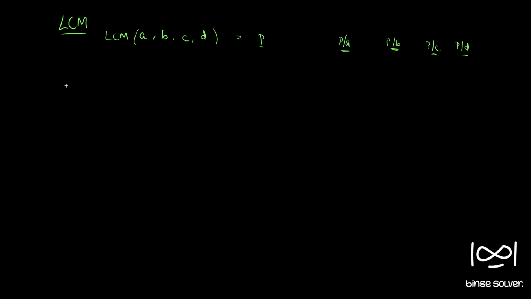So for example, when we are asked to find the LCM of 2, 3, 8, 5, the LCM here is 8 into 3 into 5, or we can say 4 into 3 into 10, or 120.